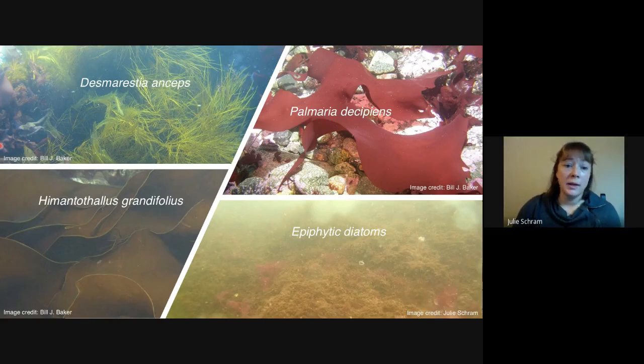We also know that the amphipods eat the epiphytic diatoms, and they will consume some of these understory red seaweeds. But we don't know how often this happens or how much these different food sources contribute to an amphipod's diet in the wild. That is what we wanted to investigate in the study that I am presenting today.